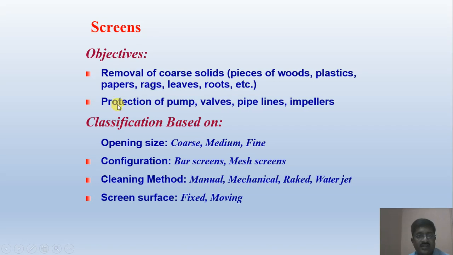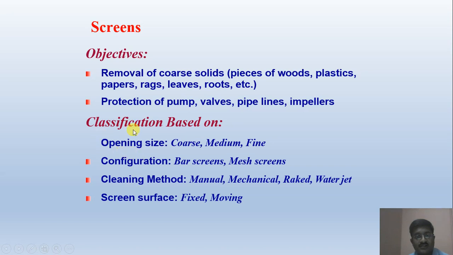Now this screen classification is based on opening size: coarse, medium, fine. Configuration: bar screens are there, mesh screens are there. Cleaning method: manual, mechanical, raked and water jet. Screen surface: fixed or moving.